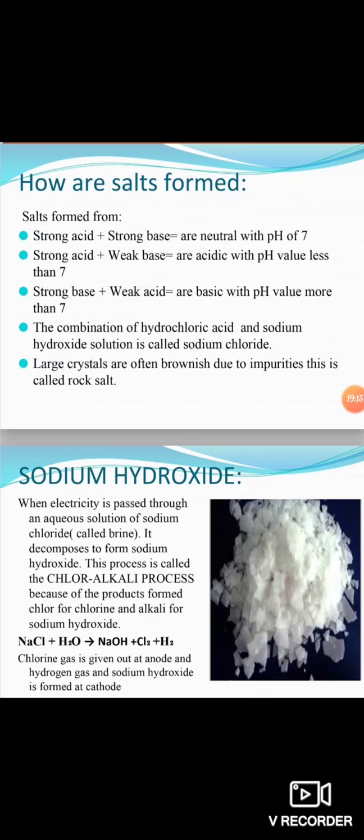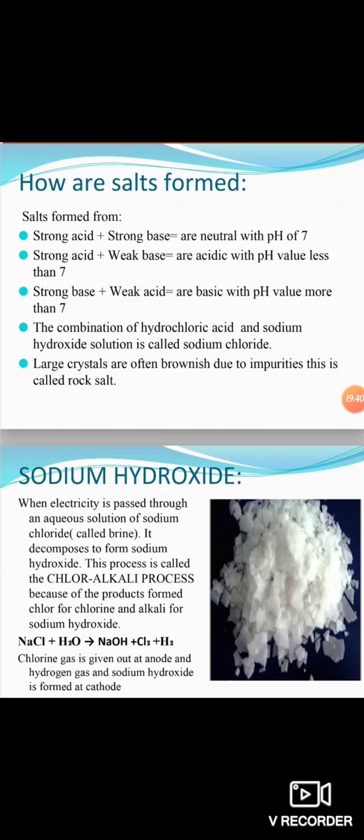This process is called the chloroalkali process, because the products are formed from chlor for chlorine and alkali for sodium hydroxide. Very important question in your examination. Note it down: what do you mean by chloroalkali process? Once again I repeat it.